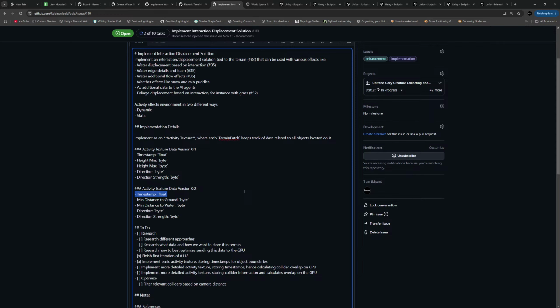Distance to ground and a timestamp. Can we do something cool with that? Okay, what if we just focus on the easiest one first? So that would be the static one, I suppose. So environment that doesn't revert.